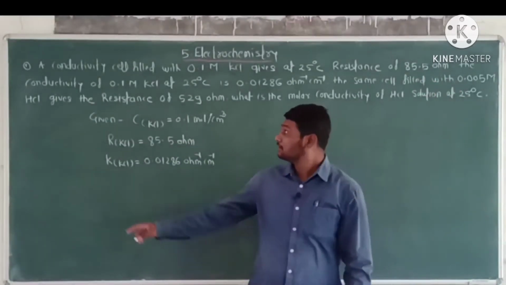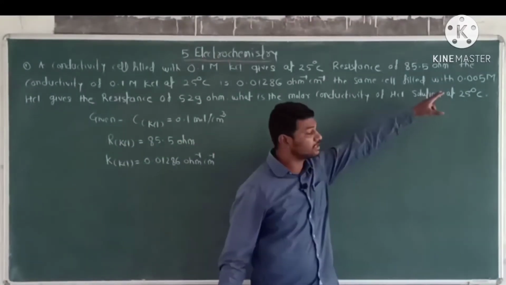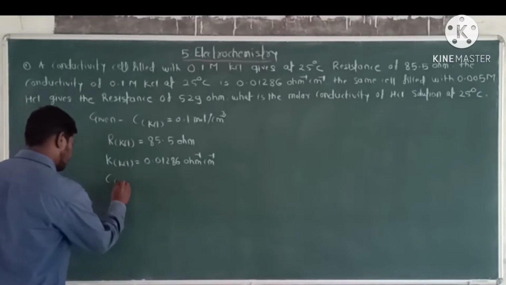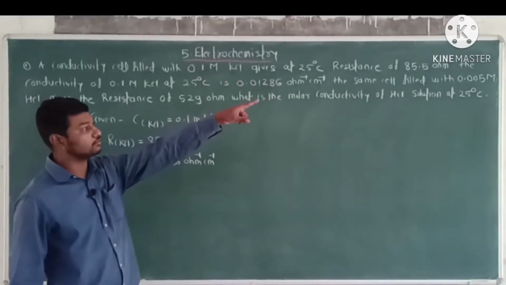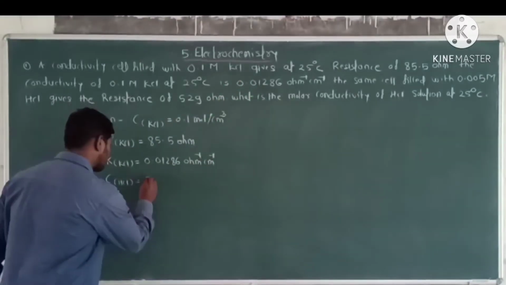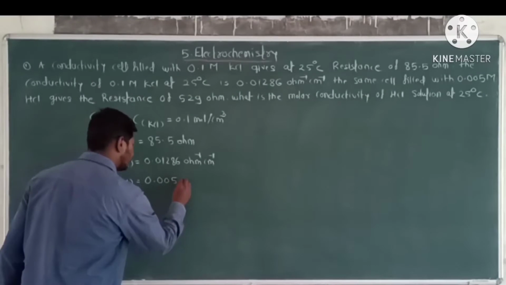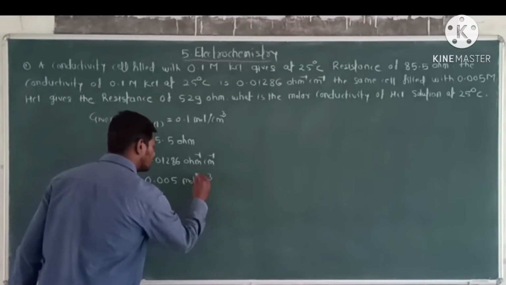Now the same cell filled with 0.005 molar HCl solution, that is, the concentration of the HCl solution is 0.005 molar, that is 0.005 mole per centimeter cube.